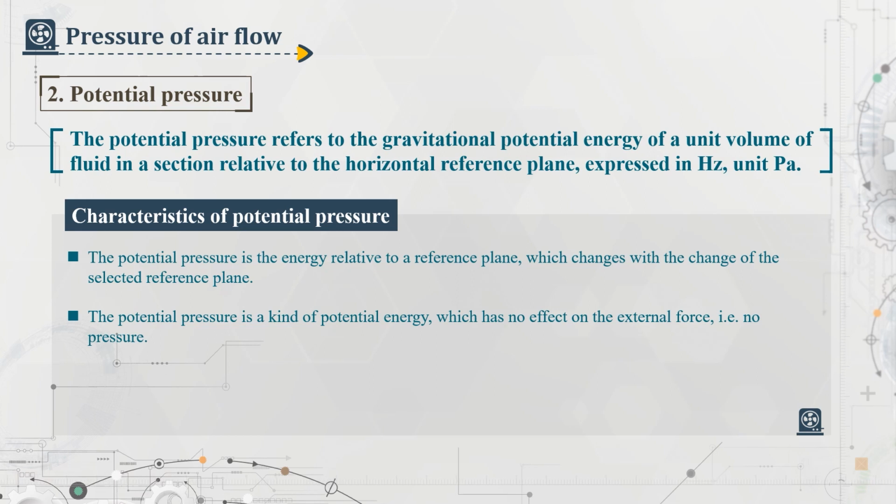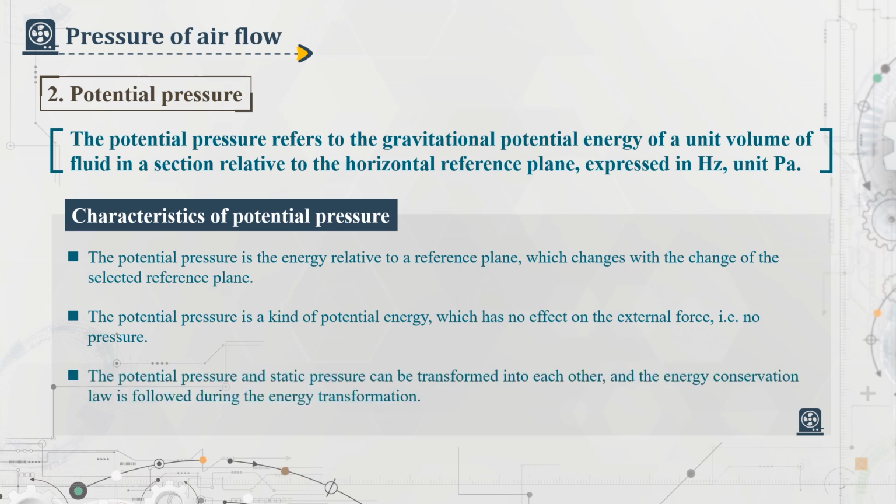The potential pressure is a kind of potential energy, which has no effect on the external force, that is, no pressure. 3. The potential pressure and the static pressure can be transformed into each other, and the energy conservation law is followed during the energy transformation.